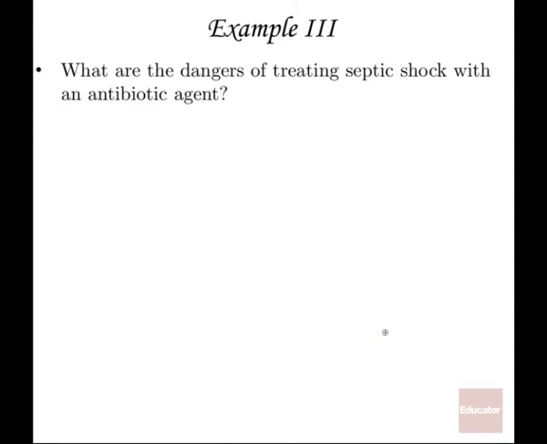Now, the last example has to do with the dangers of treating septic shock with an antibiotic agent. The number one question you have to ask: first of all, you have to find out what bacteria caused the septic shock. What bacteria is responsible?